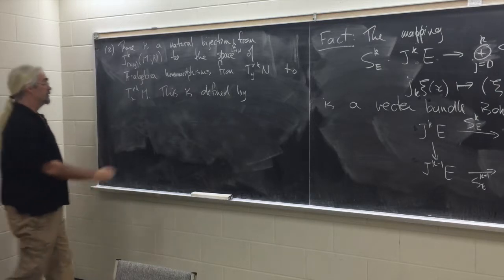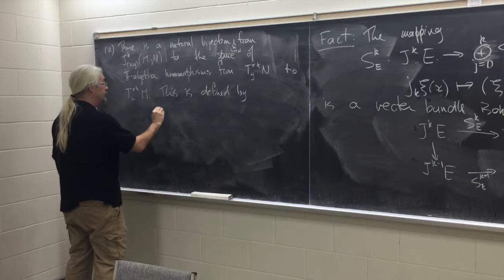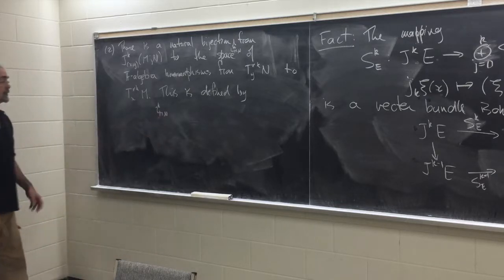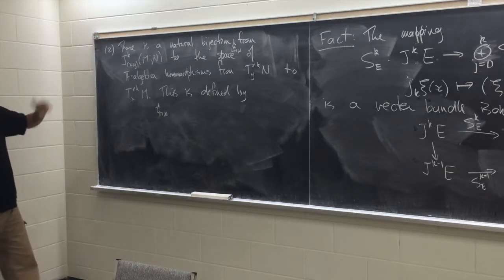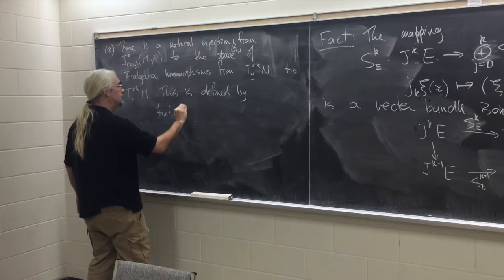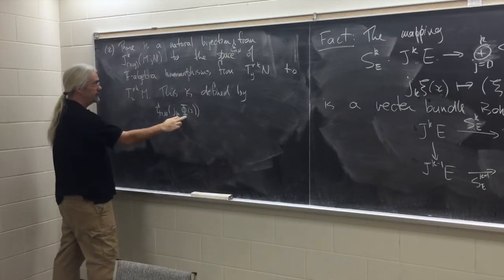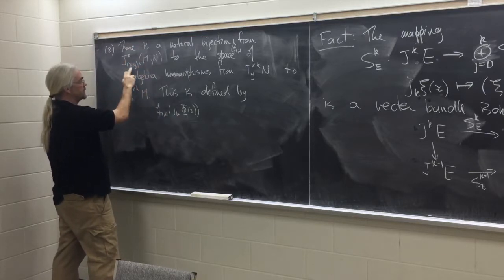Okay? So iota^k_{M,N}, okay? So that's going to take a k-jet of a mapping from M to N. So this is going to take j^k phi(x), okay? So phi is a mapping, smooth or whatever you need it to be, from M to N, which maps x to y.